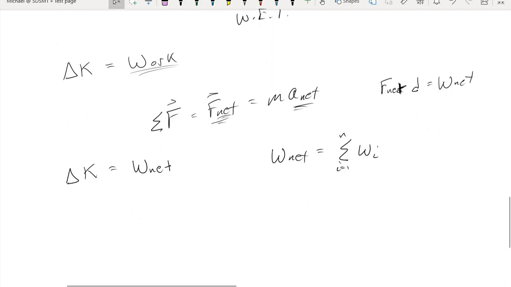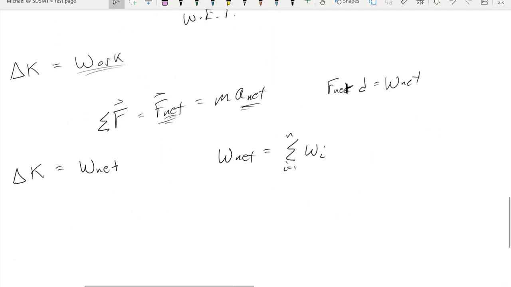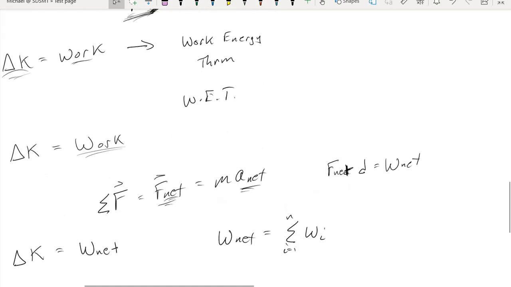Okay, well, there's two ways that we could accomplish this. We could go through the process of finding a net force, and then we could apply that to the displacement that our mass is traveling through, and that would give us the net work.